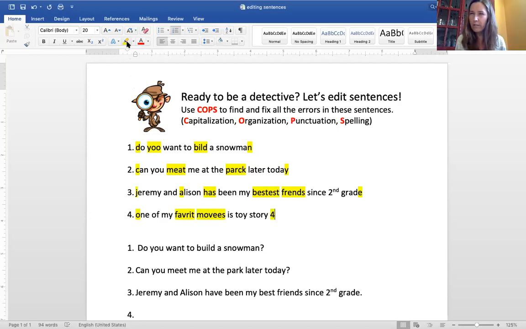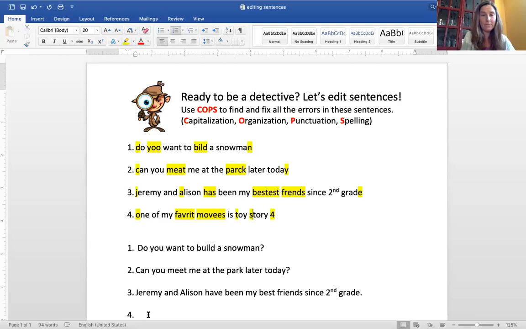There's something about Toy Story 4 that's pretty special. It's not just the name of every movie, it's like a particular movie. So that would be a proper noun, which means that toy and story are going to be capitalized. So the T in toy and the S in story are both going to be capitalized.